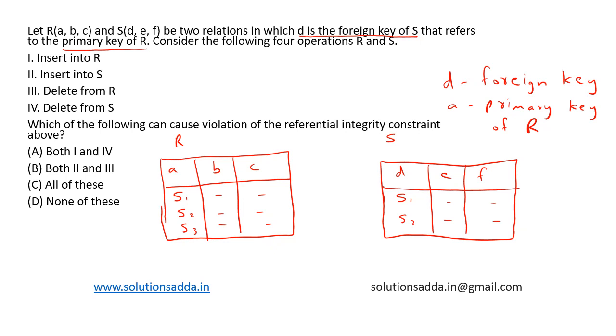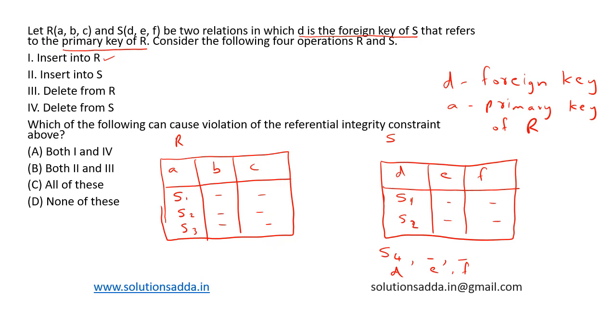Let's see the first one. Insert into R. When we try to insert a new value into R, it will not cause any violation because there is no modification that needs to be done here. So this is okay. There are no issues with it. Insert into S. When we insert into S, if we are inserting a new tuple of the form S4 something and something, that is D, E and F, this can cause a violation of the referential integrity constraint.